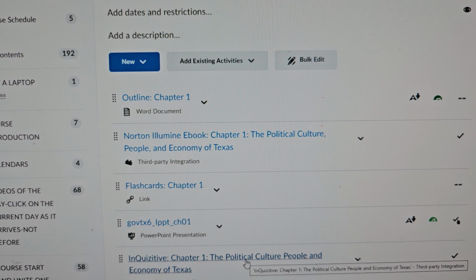You have to get 1,500 points on the inquisitive, but then you get a score of 10 points. And in most of my classes, students go through and answer all of the inquisitives, and many of them get a perfect score because you can keep answering the questions until you get a perfect score. You don't have to quit. Just keep answering questions. Don't give up.